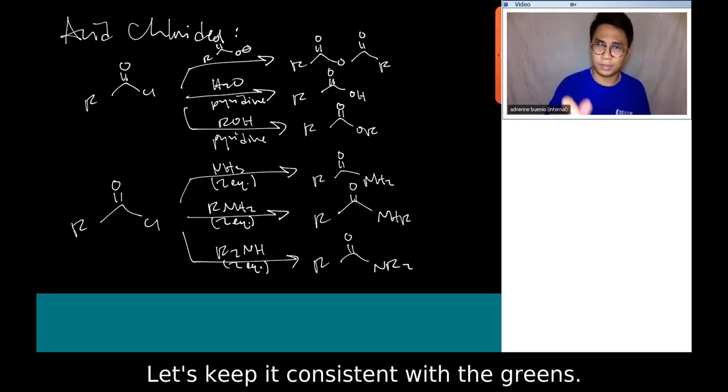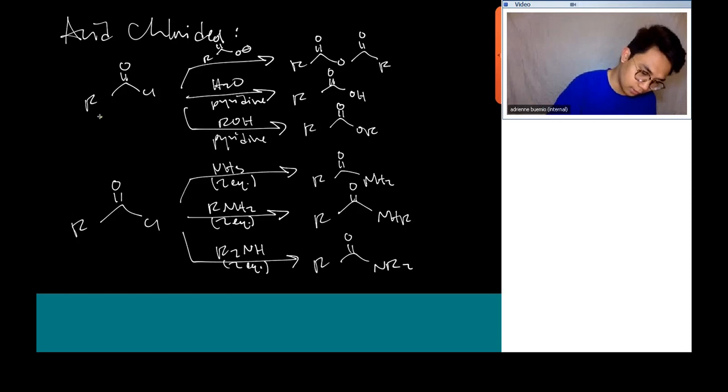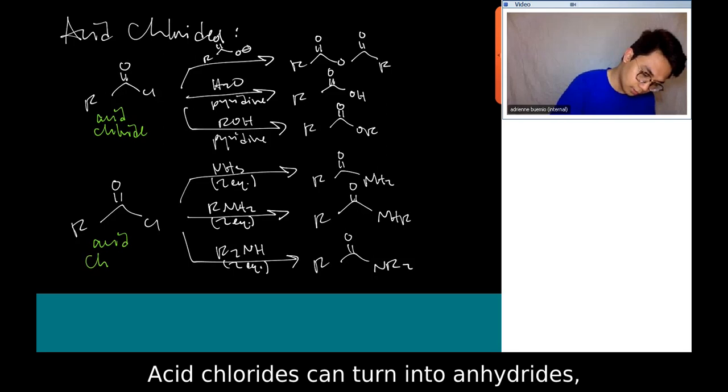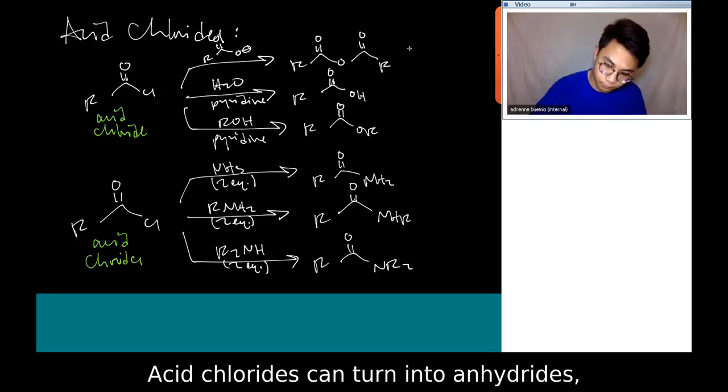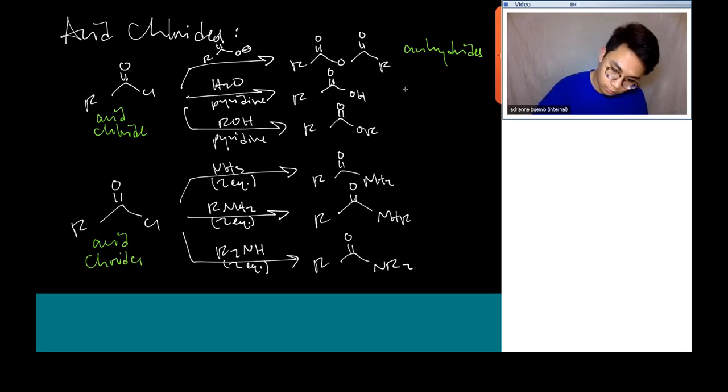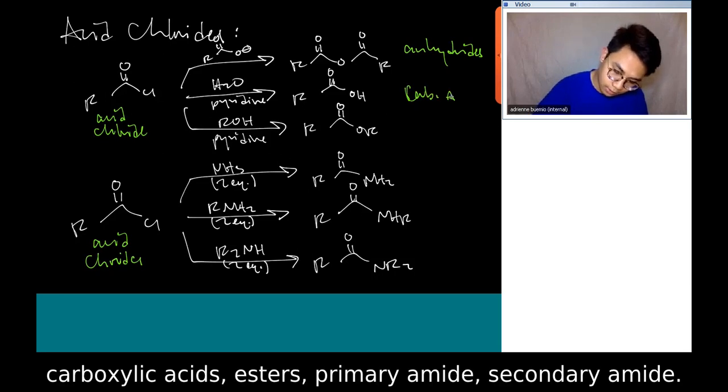And let's keep it consistent with the green. So acid chlorides, right? Acid chlorides can turn into anhydrides, carboxylic acids, esters, primary amide, secondary amide.